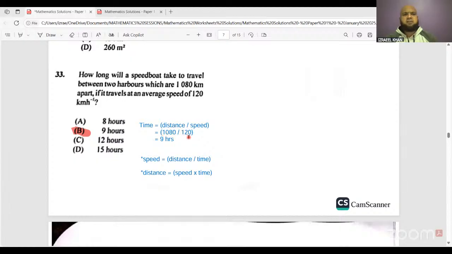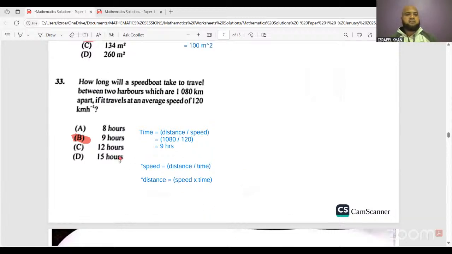So it'd be 1080 over 120. Cross out the zeros. You get 108 over 12, and everybody should have 9 hours, right? 108 over 12 is 9. I did you all the favor of just putting the two other formulae down here when you're making subject of the formula. Speed is distance on time, and distance is what? Speed by time. So the answer is B as in bat.